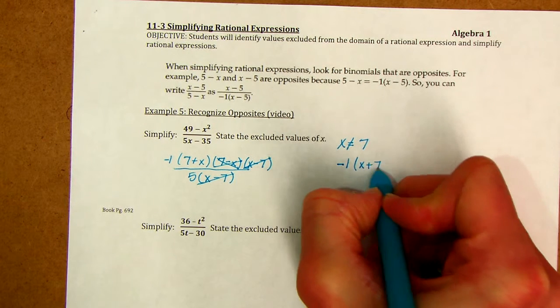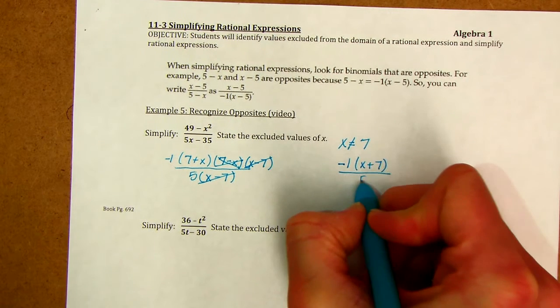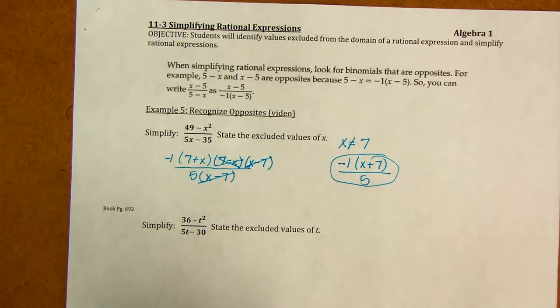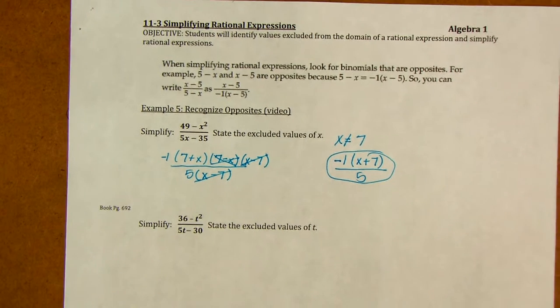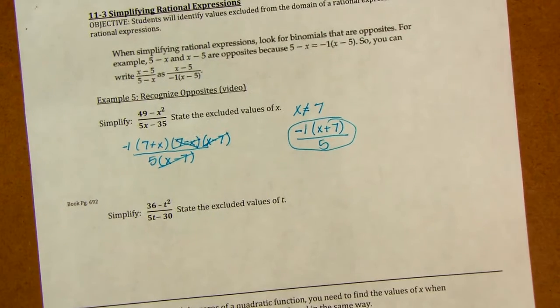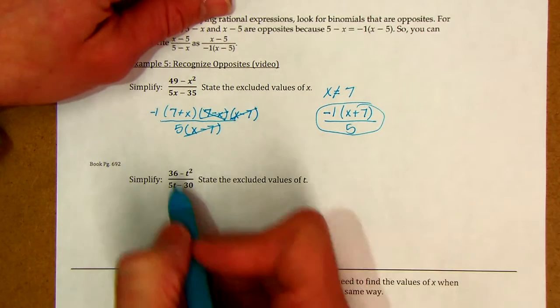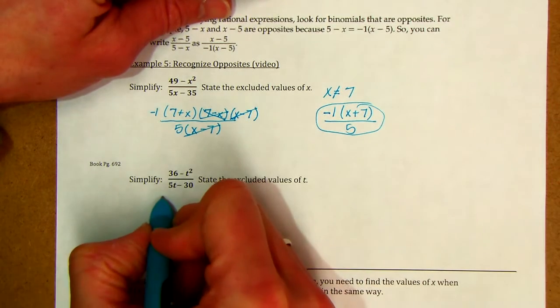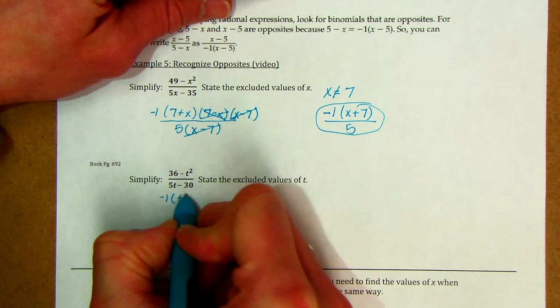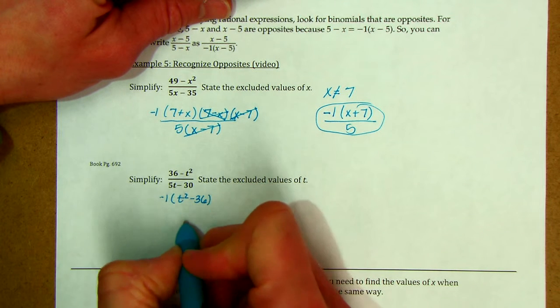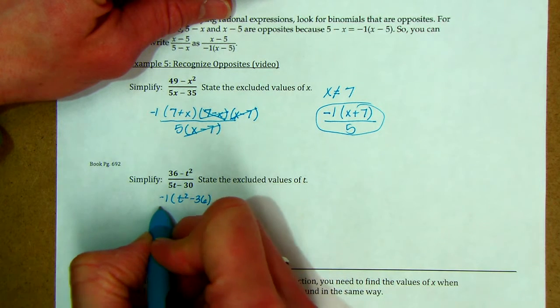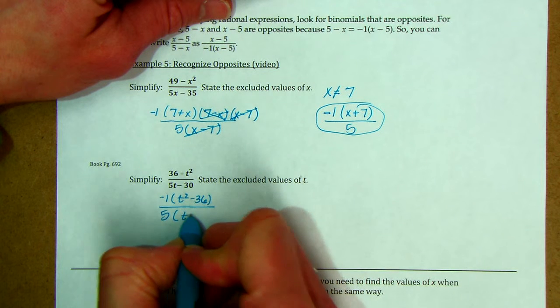And there it is. Let's try another one very similar to that. Check this one out. I'm going to go ahead right away, because odds are it's going to have to be this way. -1, and I'm going to go t squared minus 36, which is going to give me t minus 6. So that translates to t plus 6 and t minus 6.